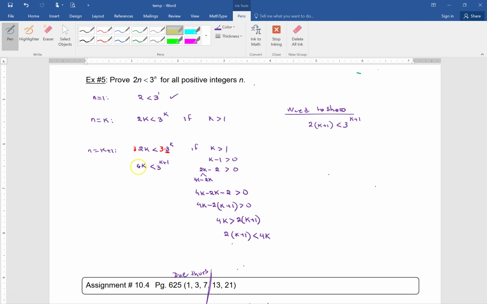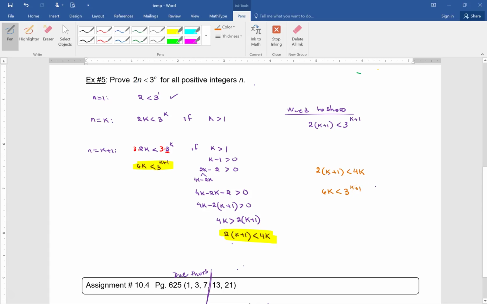Why don't I write these next to each other and see exactly what it is that I have? What I have is that 2k plus 1 is less than 4k, and 6k is less than 3 to the k plus 1.